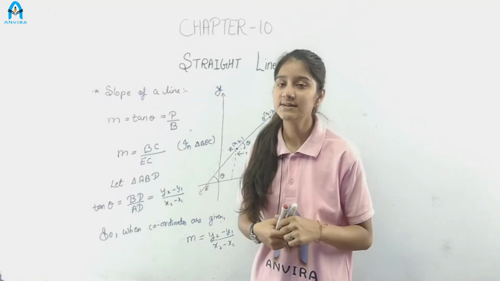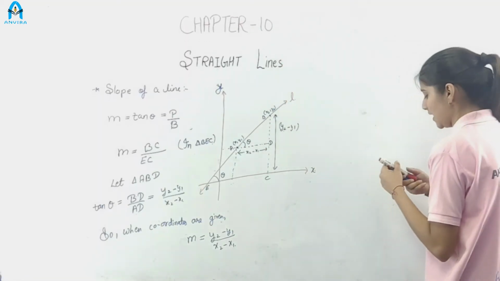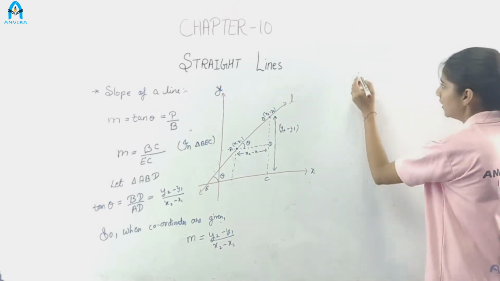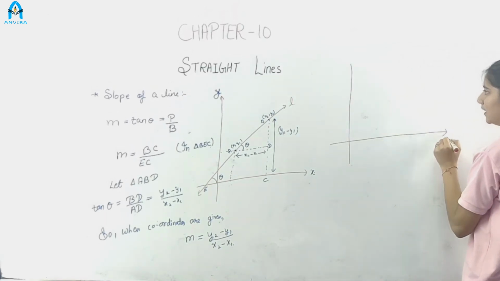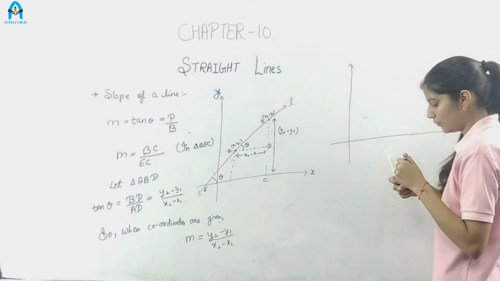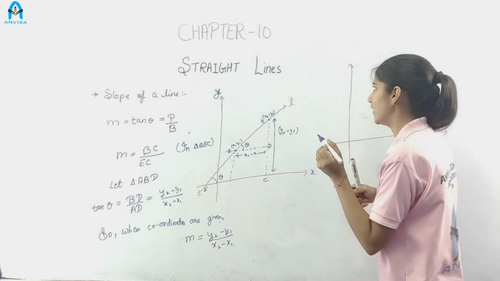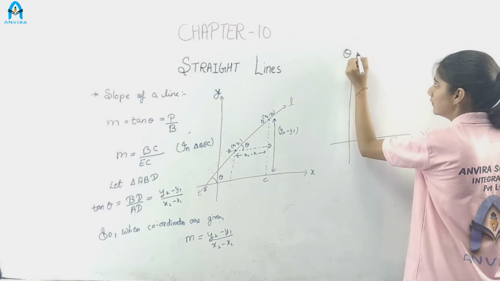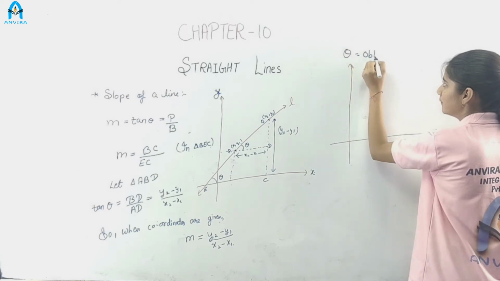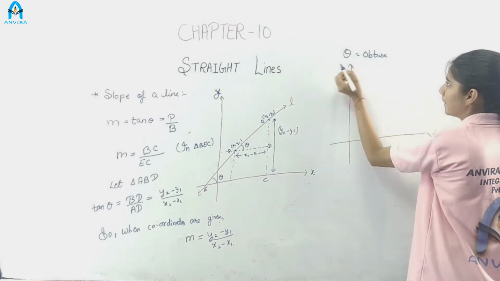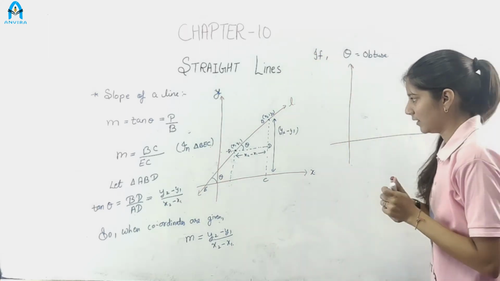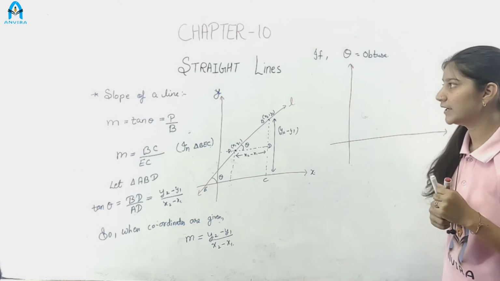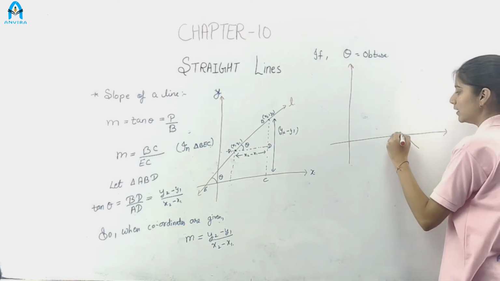Now let us take a case when the given theta is an obtuse angle. If theta is an obtuse angle, how can we find the slope of a line?